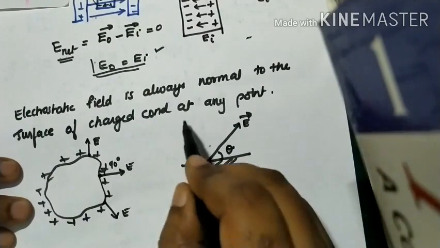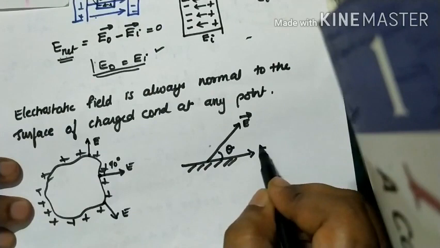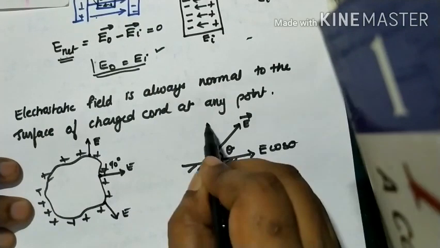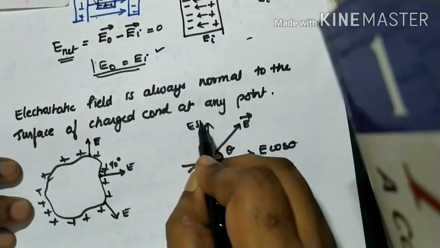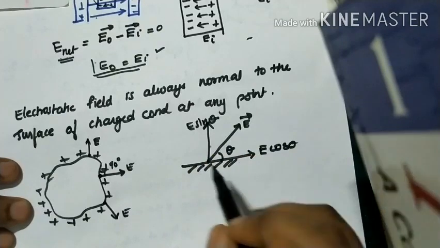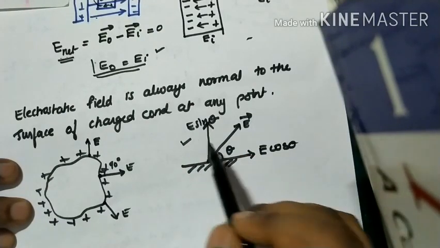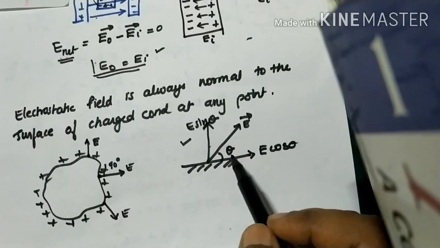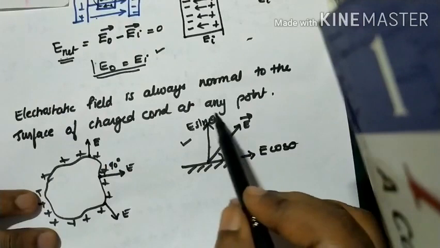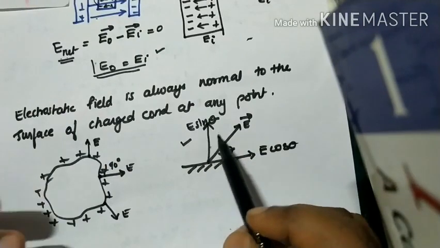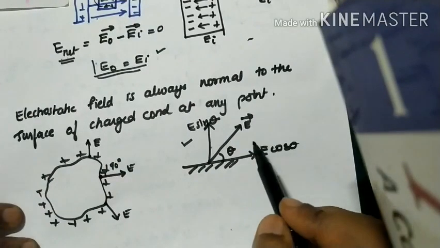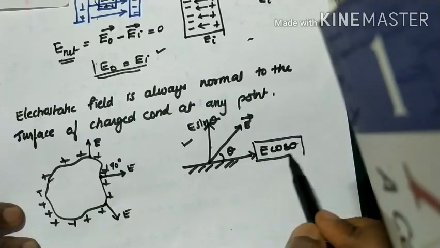So obviously I can divide it into two parts, that is E cos theta and E sin theta. E sin theta is the perpendicular component, so this is not something we have to deal with. What do you want to prove? That there is only the perpendicular component, only 90 degrees. So let's say the problem is this E cos theta.